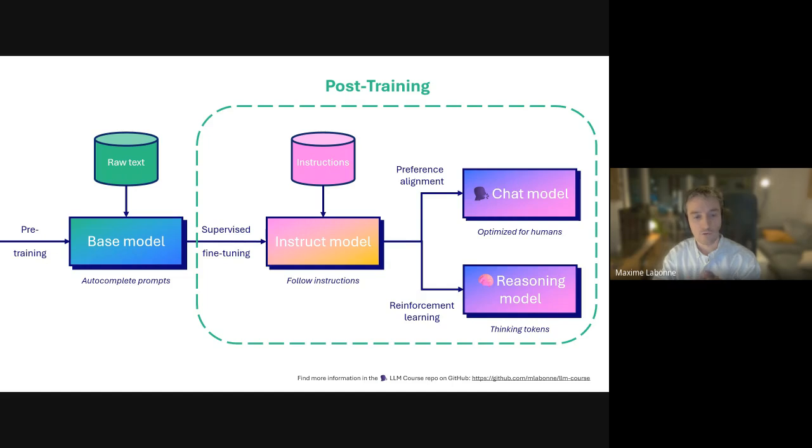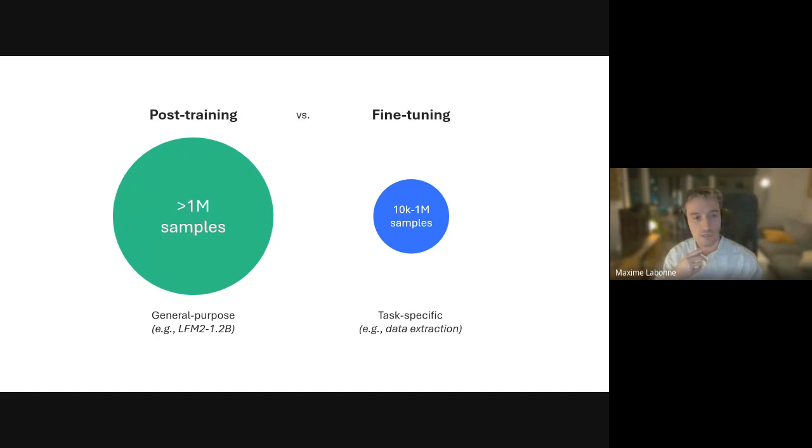And finally, we have reinforcement learning to create reasoning models. Here the idea is that you provide questions and you know the answers. So you ask the model to produce the answers, extract the answers, compare with the ground truth, and reward it if it's correct. So this is post-training in a nutshell.